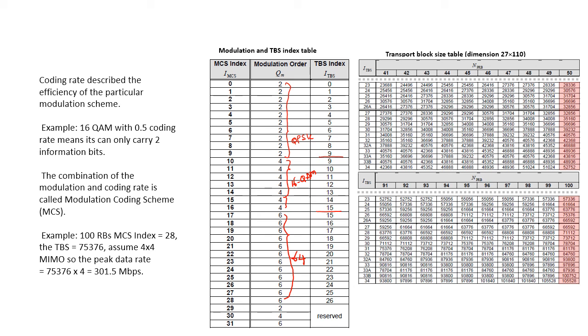If we go here, 26, with 100 resource blocks, the throughput or data rate is 75,376. So this is the throughput for 100 resource blocks. And assuming that we have 4x4 MIMO, the peak data rate needs to be multiplied by 4, and it becomes 301.5 megabits per second.